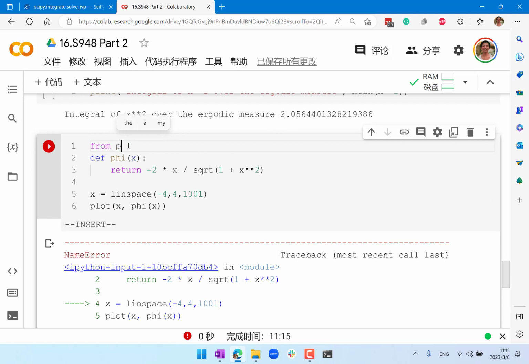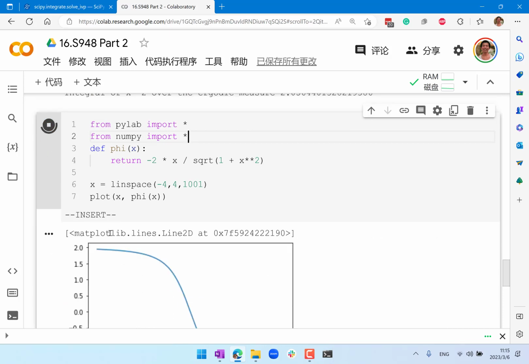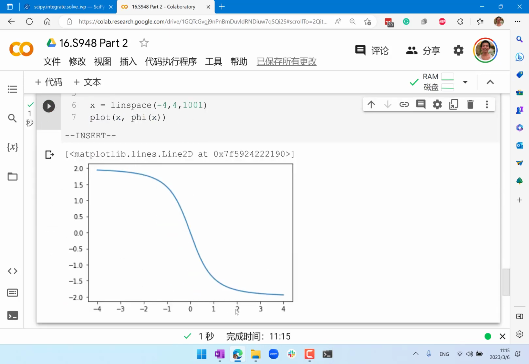All right, so this is the map that qualitatively resembles the first return map of the van der Pol oscillator, right?